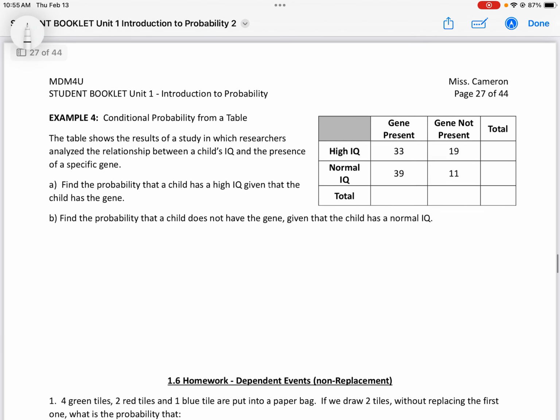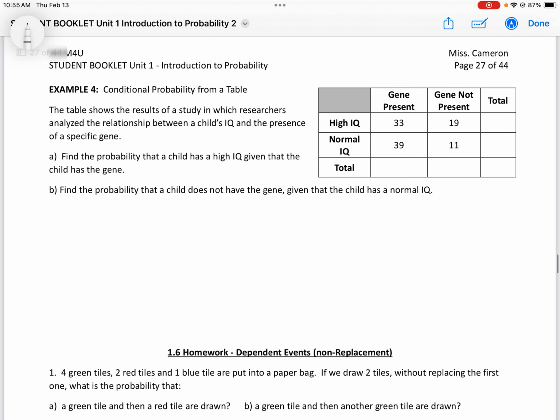Okay, last one. We can also see conditional probability in the form of a table. The table shows the results of a study in which researchers analyze the relationship between a child's IQ and the presence of a specific gene. Let's go ahead and read the table. We have gene present and gene not present, and then we have high IQ and normal IQ.